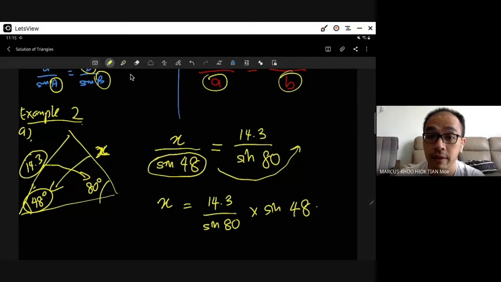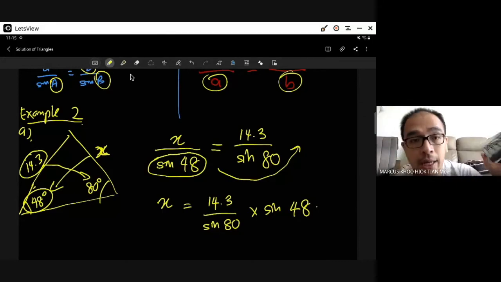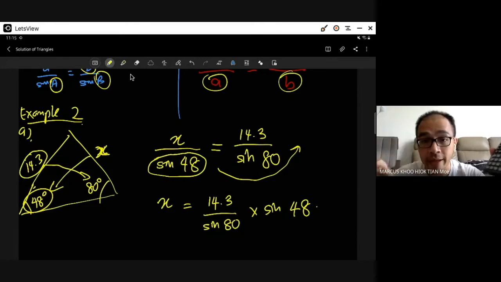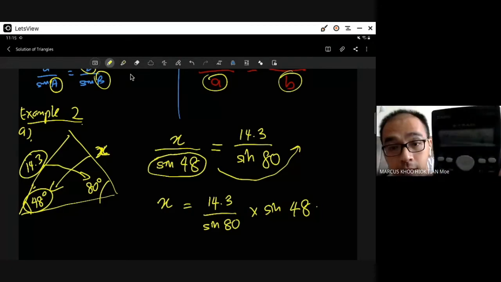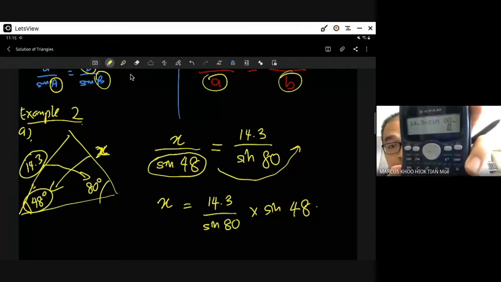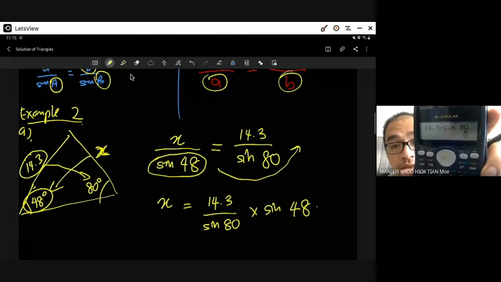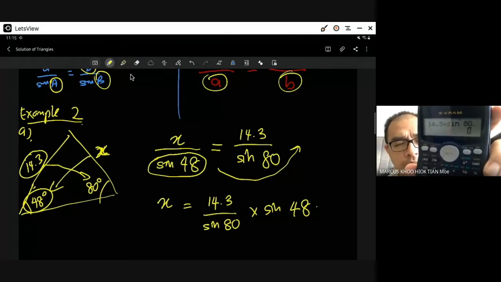And this one is very easily calculated on your calculator. I highly suggest don't use per, use divide. So 14.3 divide by sine 80. Don't use per, not very good.